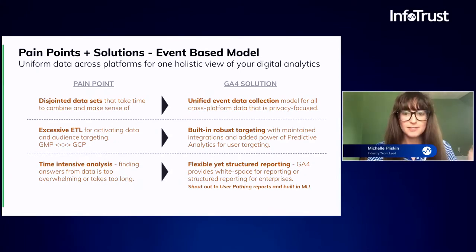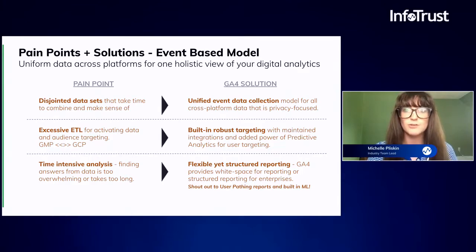So let's talk about some pain points that you might have encountered in Universal Analytics and essentially how GA4 is going to address those. So the first one, basically like what Isaac was saying, you're able to have a unified event data collection model across your apps and your websites. So in the past, you might have had disjointed data sets. So your app was tagged one way, your websites were tagged another way.